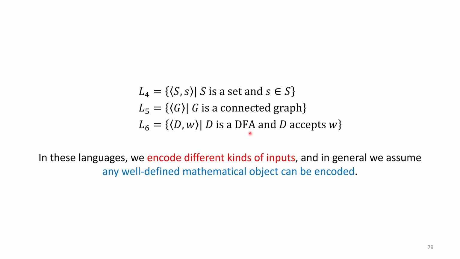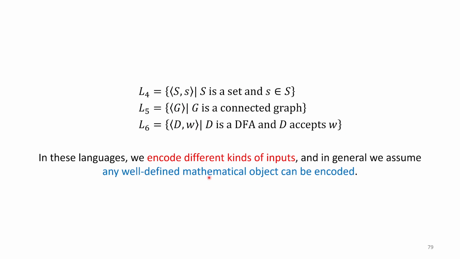We could ask questions about DFAs. DFAs are graphs, for instance. So we could say D is a DFA and W is a string, and D accepts W. These are all languages of complex mathematical objects that we can imagine can be encoded in some way, and then we could ask questions about them.